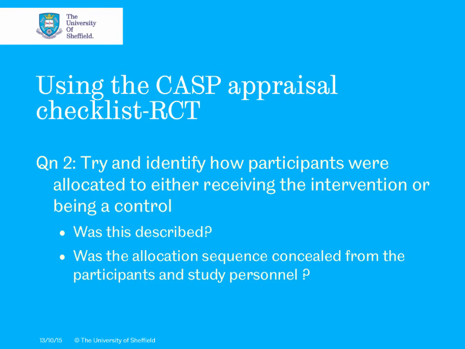The second question is about looking in the paper to see how the participants were allocated to receive the intervention or the control group. It's important in a good quality randomised control trial that details are provided about how participants were allocated.